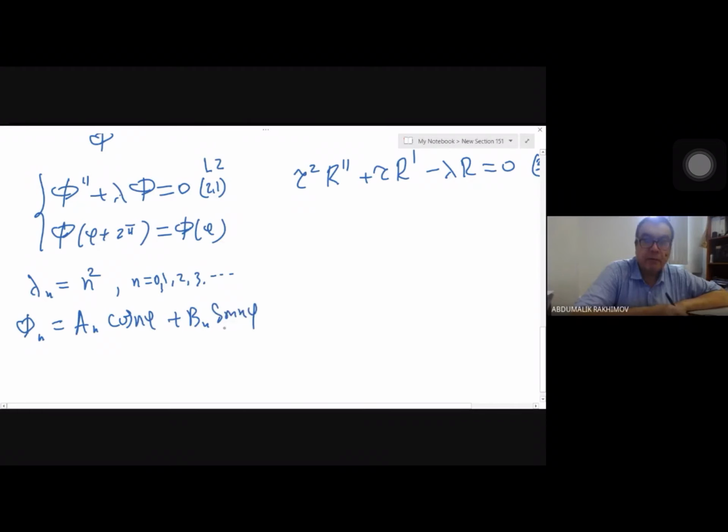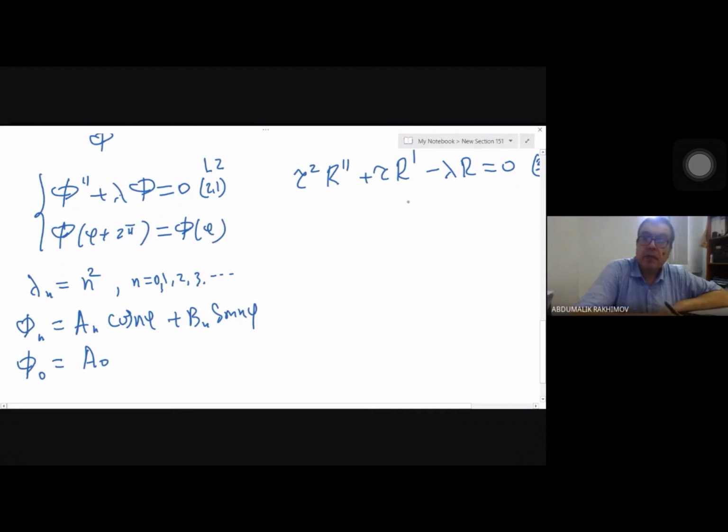Those are periodic functions, a n and b n are any constants, and if n is 0, phi 0 is equal to a 0, a constant. So we have many functions like this, a n cosine n phi and b n sine n phi for n equal 1, 2, etc. For n equal to 0, we have a 0. These are eigenvalues and eigenfunctions.